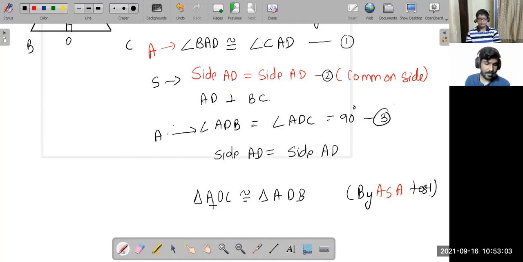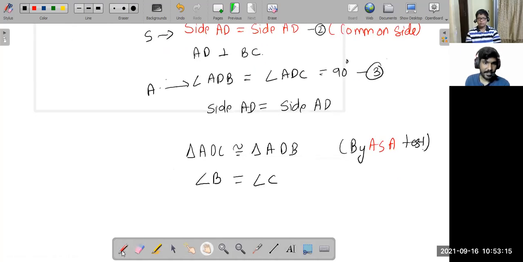So after this, you can directly say angle B is congruent to angle C. Any other reason you can say? Corresponding angles of congruent triangles are equal to each other. So angle B is equal to angle C.